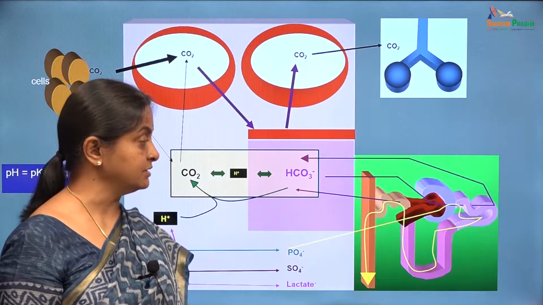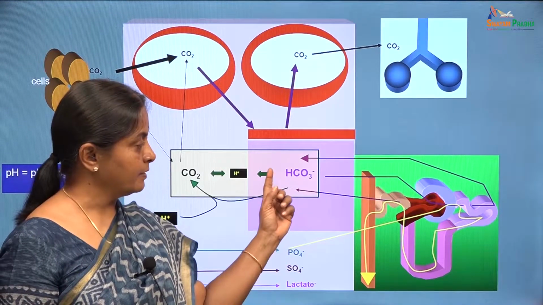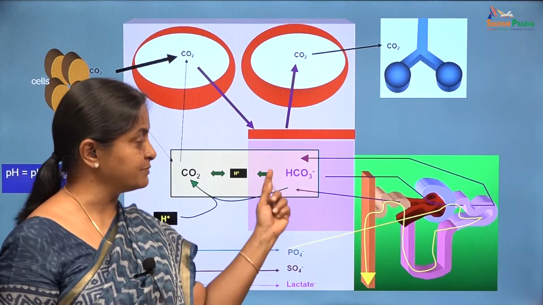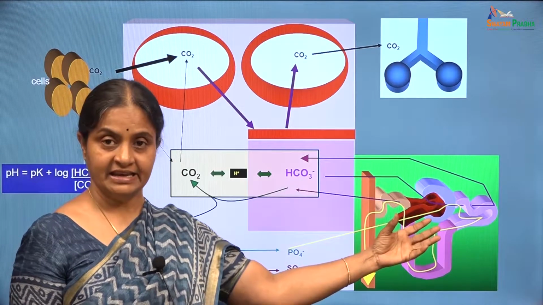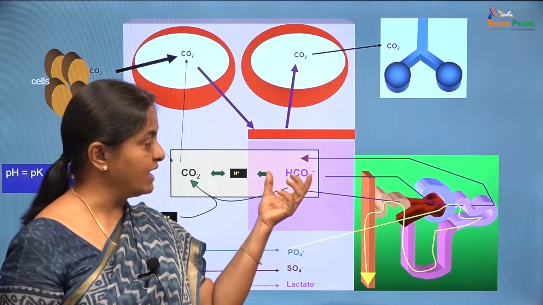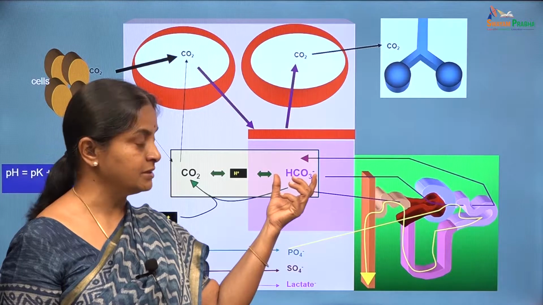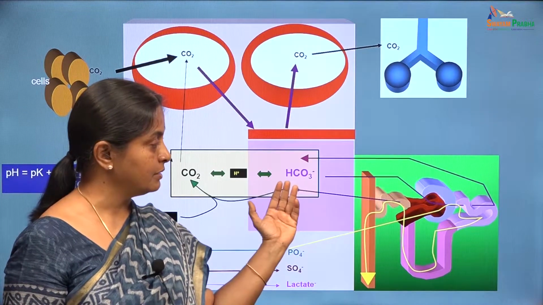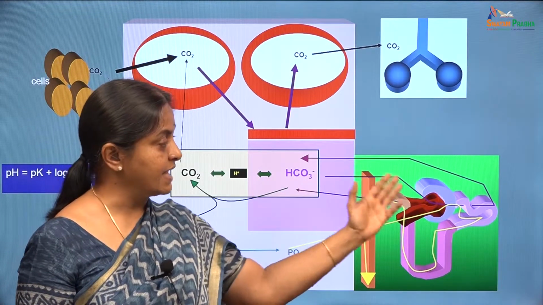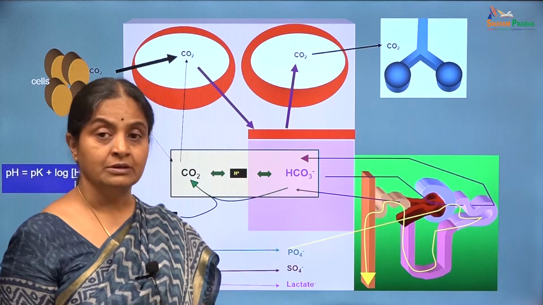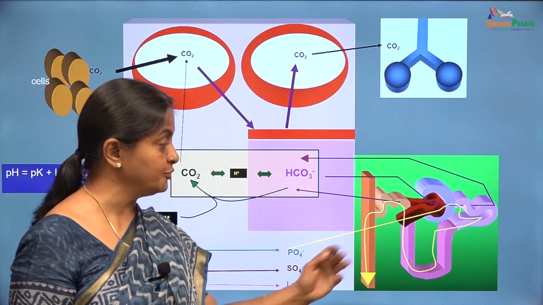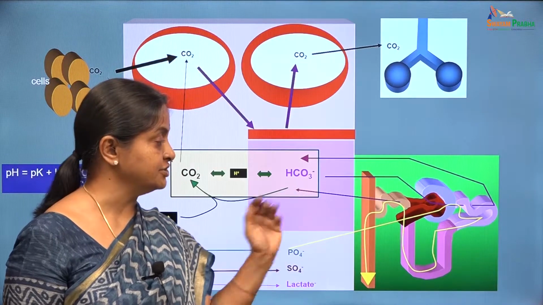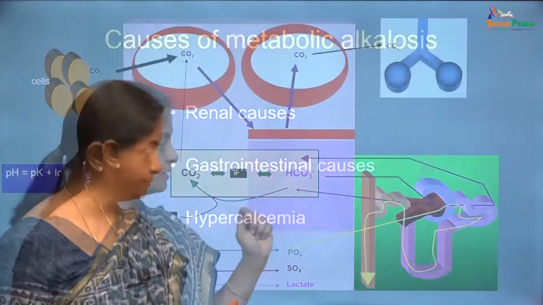So, we have just considered that the source of plasma bicarbonate is the kidney, and therefore, any increase in plasma bicarbonate should come from either an enhanced reabsorption at the proximal tubule or an enhanced generation at the distal tubule.